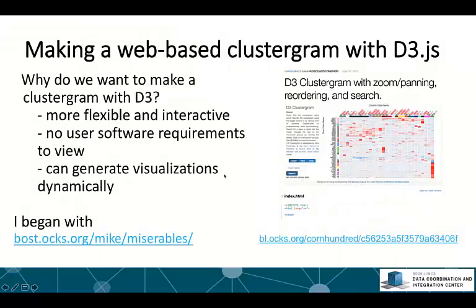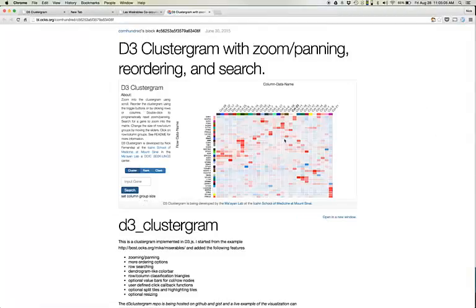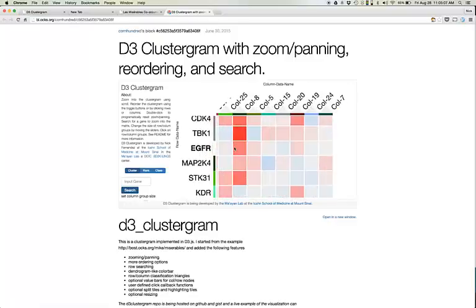To the right here is a screenshot of the final visualization that we're developing and updating, which is hosted on the Blocks website. If you follow this link, it will take you to a live example of the visualization that you can actually interact with and zoom into.